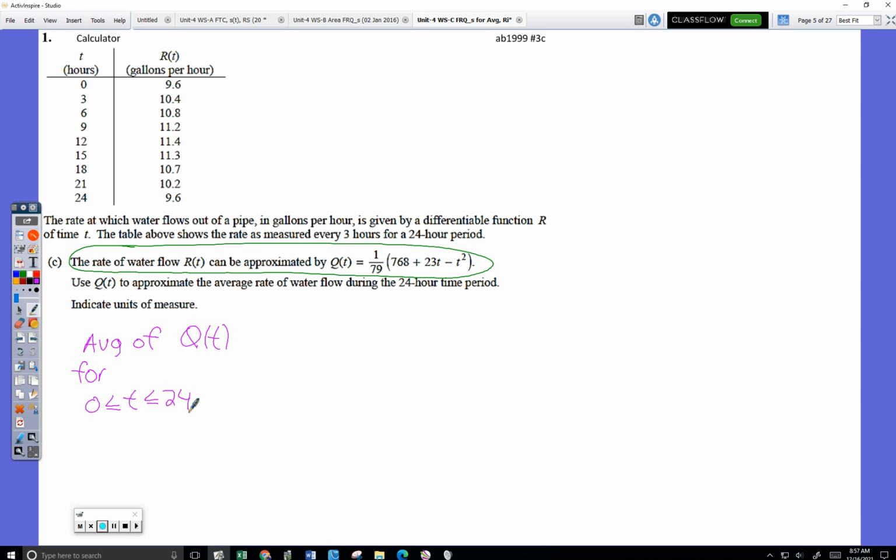That's why I keep saying it over and over again. We're going to do this by integrating Q, and then multiplying by 1 over the width of the integral.